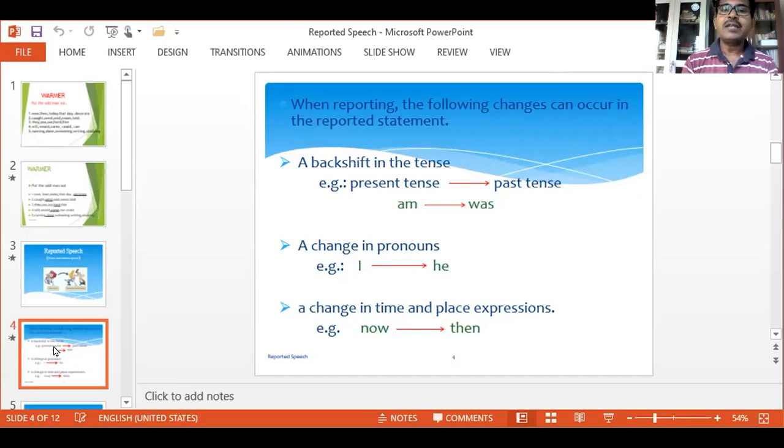Number two, a change in pronoun. We will look at these examples in detail in our other slides as well. Number three, a change in time and place expressions. In direct speech, if you have "now", it becomes "then" in the indirect statement.